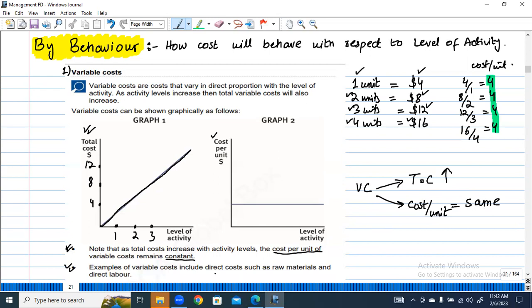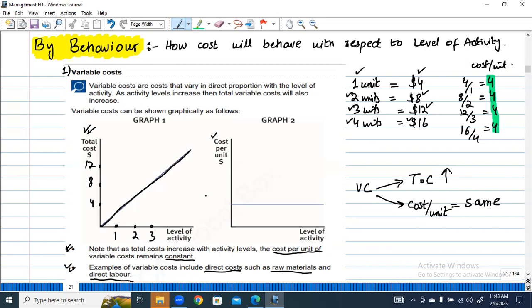Examples of variable cost are all the direct costs, like raw materials and labor. If your production is increasing, you need to purchase more raw materials, so cost will increase. Similarly, you need more labor hours, so you need to pay labor more, so the labor cost will also increase. So direct costs are examples of variable cost.